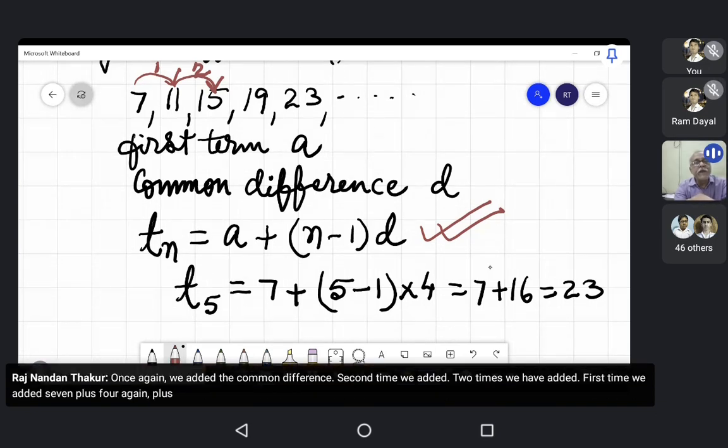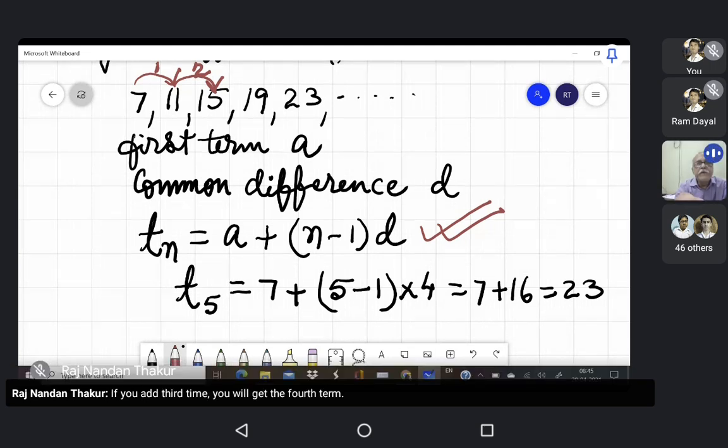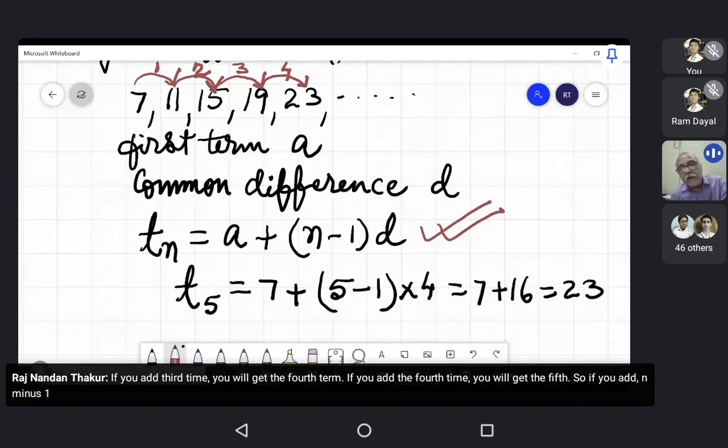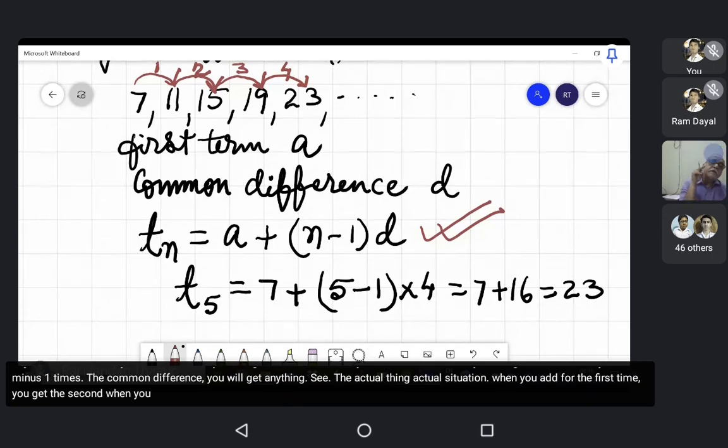So 2 times we have added, and we got the third term. If you add a third time, you will get the fourth term. If you add the fourth time, you will get the fifth term. So if you add n minus 1 times the common difference, you will get the nth term. When you add for the first time, you get the second term. When you add the second time, the third term.